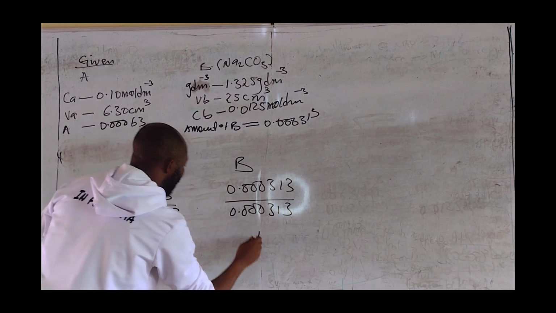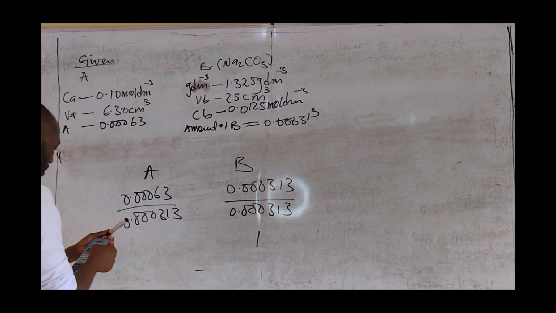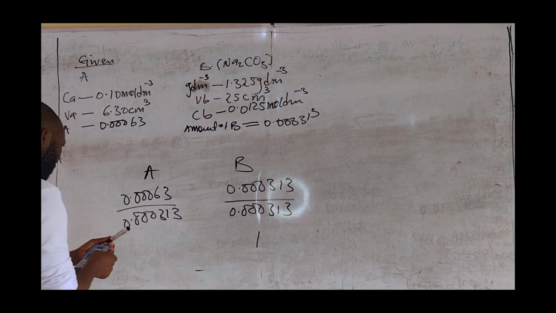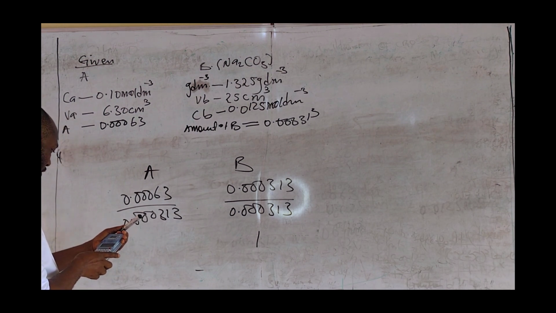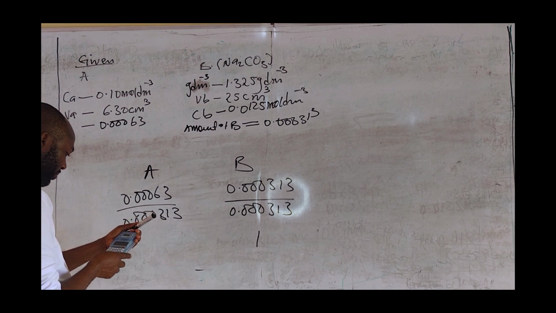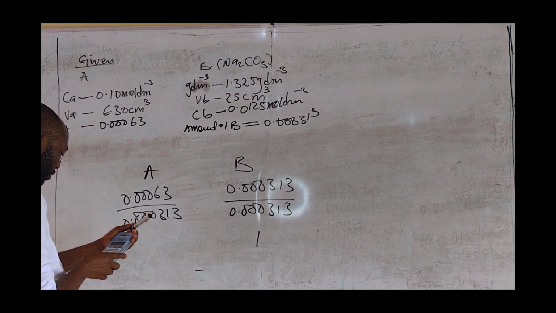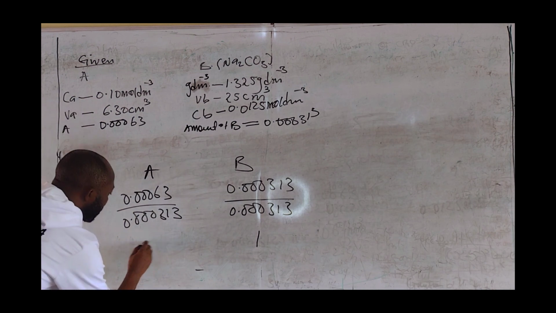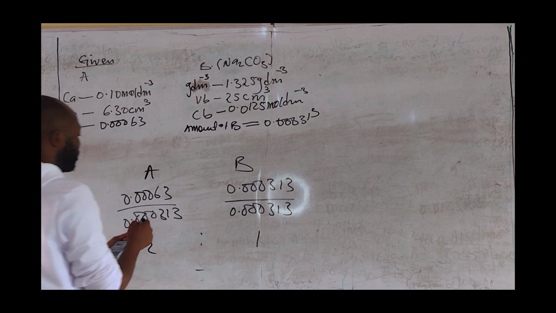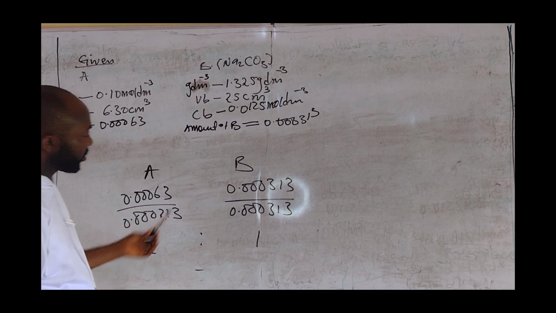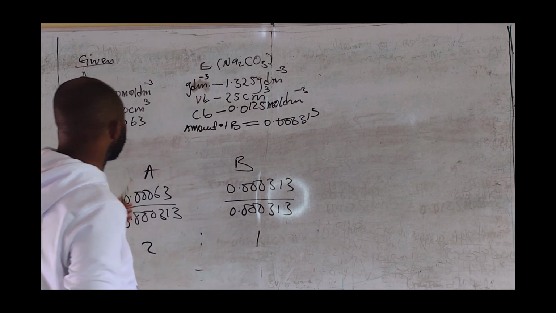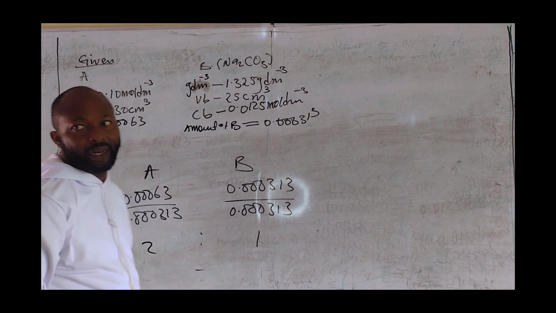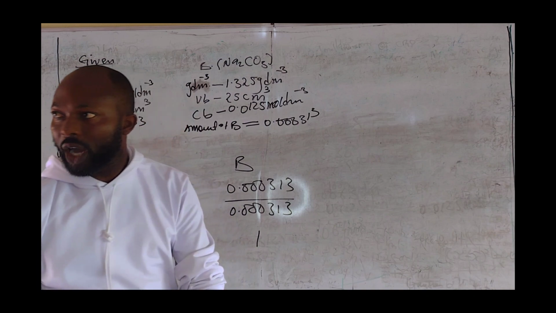Here will give me 1, and here 0.00063 divided by 0.000313 gives us 2. So our mole ratio is 2:1, as the question asks.